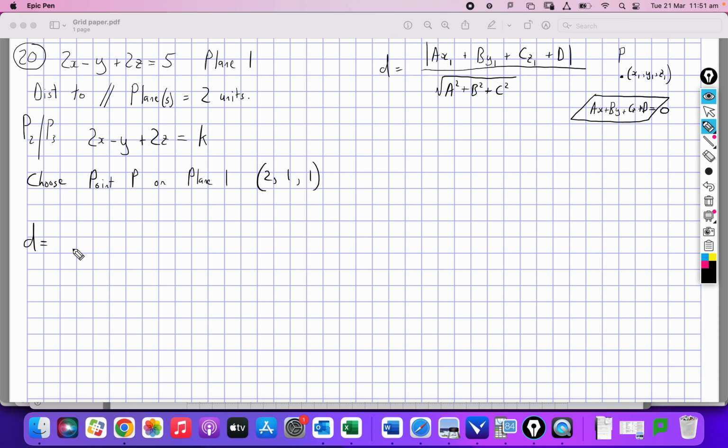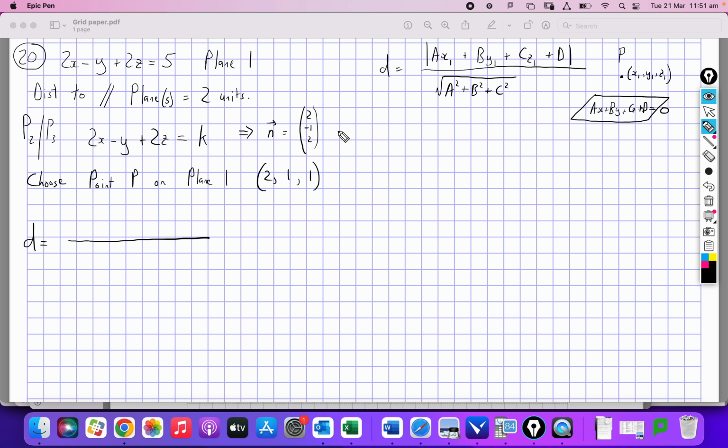We've also got a normal that we can see from our second plane. So this implies that the normal vector, getting that from the second plane, is 2, minus 1, 2, right?